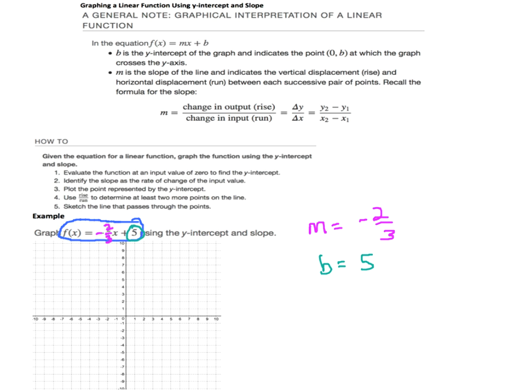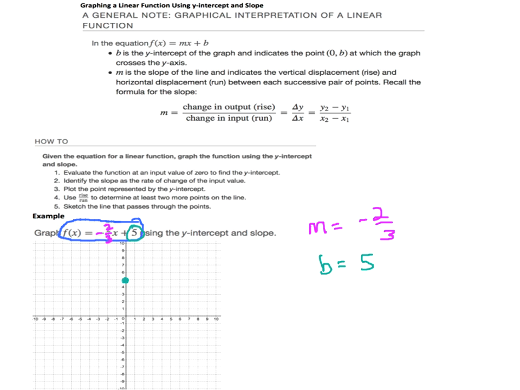Okay, so you know the y-intercept is a point on the y-axis. So I'm going to go ahead and plot that point on the y-axis, and then I move from that y-intercept how the slope tells me to.